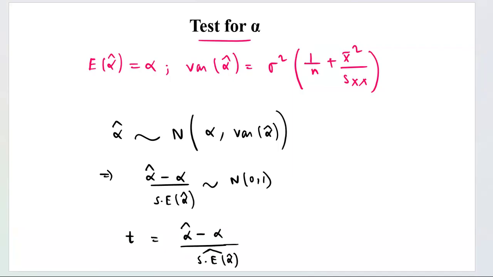Why is this cap? Because the original sigma square is unknown to us. So everything that we do will be estimated. We will estimate these values using the sample data and nothing is known to us previously.